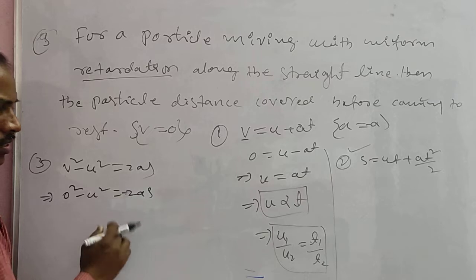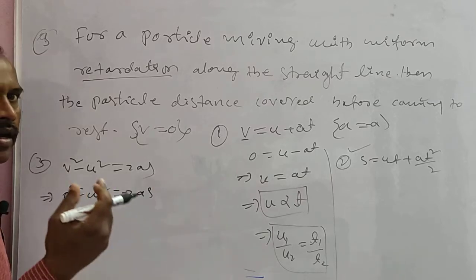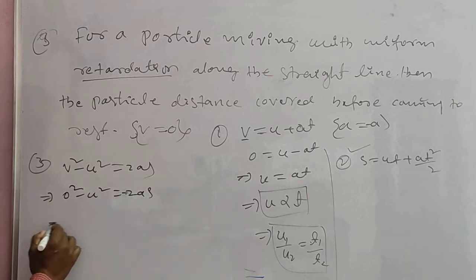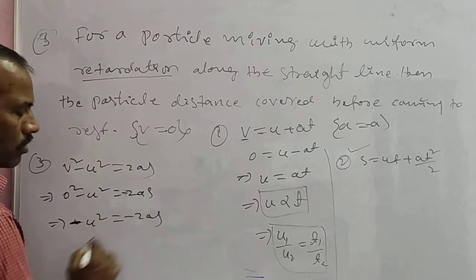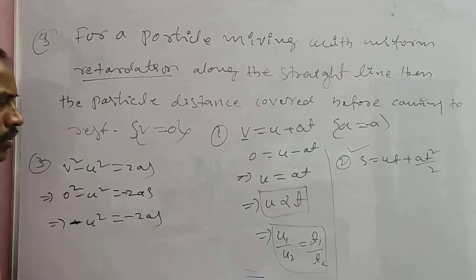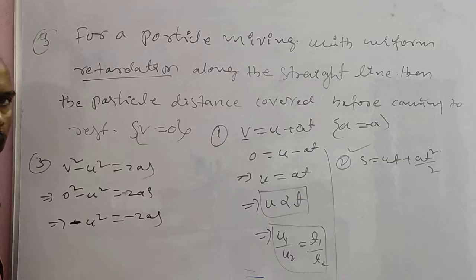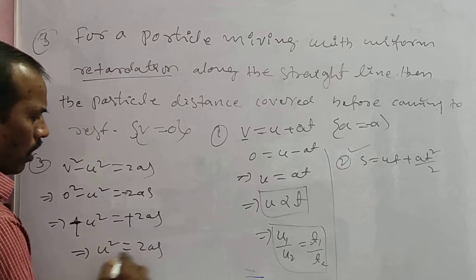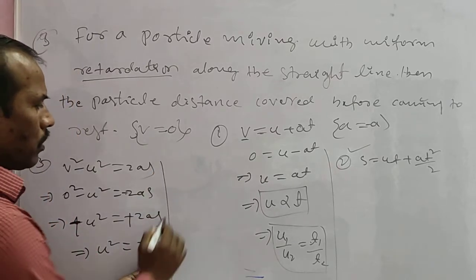The minus symbol means the acceleration is a retardation. So minus u square is equal to minus 2as. Now a is constant, uniform retardation, so the minus gets cancelled, and u square is equal to 2as.